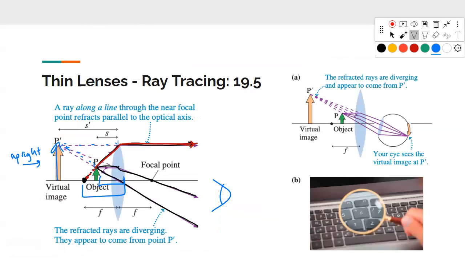Yes. So you put in the number for the lens equation, and for S prime you get a negative. Yes, so we'll do that soon. But you can see what happens if we have 1 over S plus 1 over S prime equals 1 over F. So let's say our F is 3, for example, and our S is 2, right?